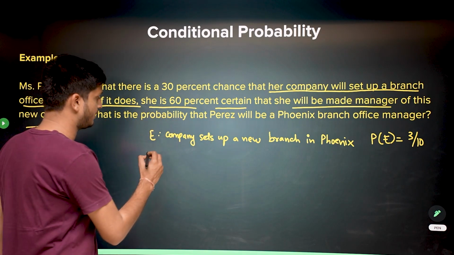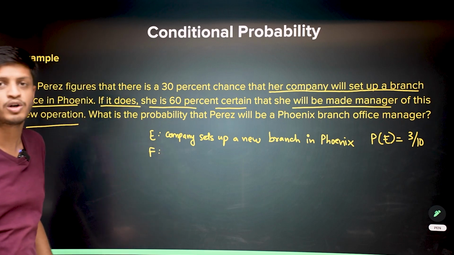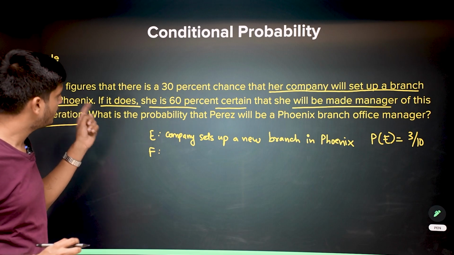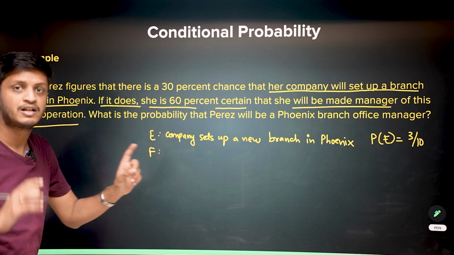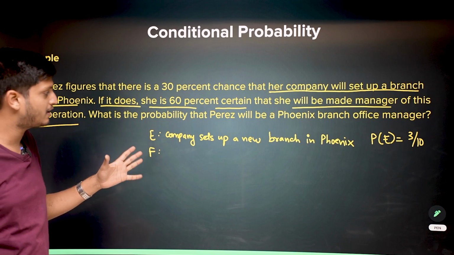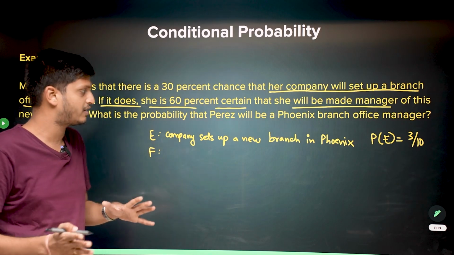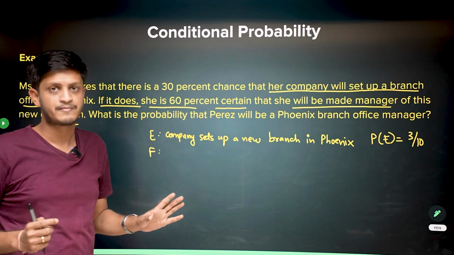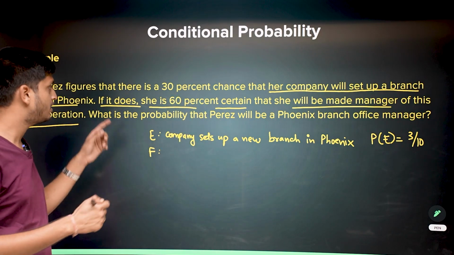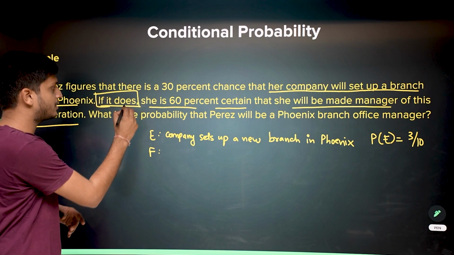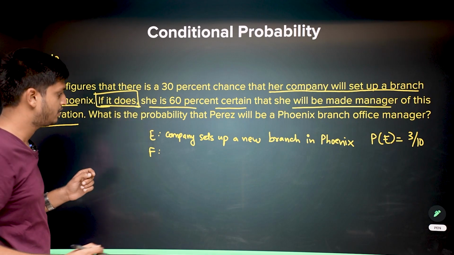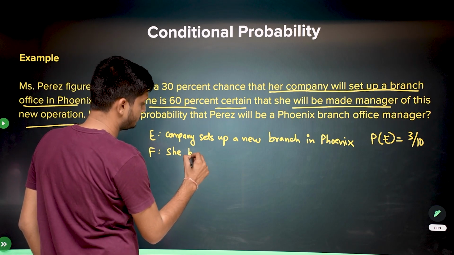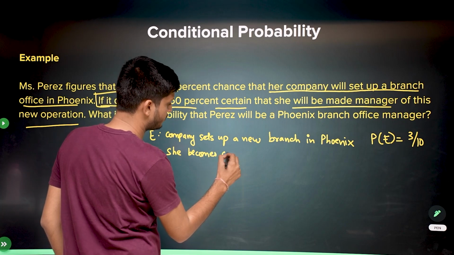So the other event F should be what? See, this entire event is what? If the company sets up a new branch, then the probability is given. So it is like probability of something by E is given. Probability of her being a manager given a new branch is set up is given. So let's say the event F is she becomes office manager.